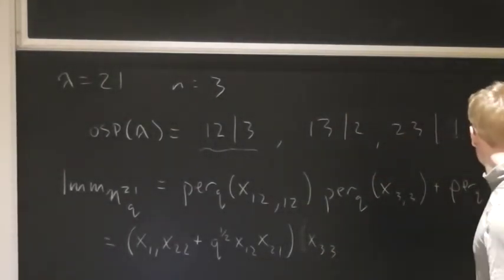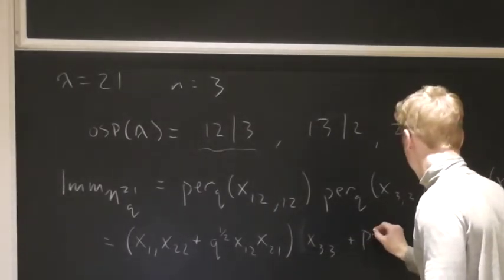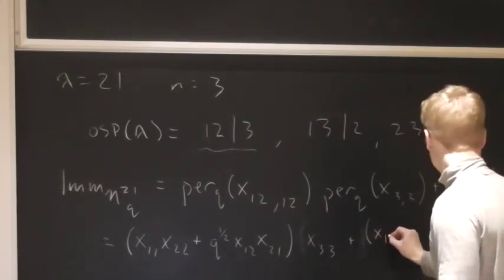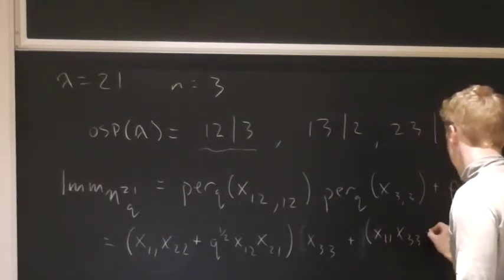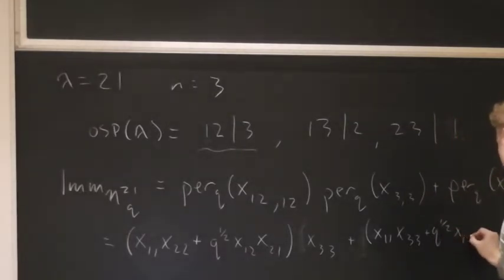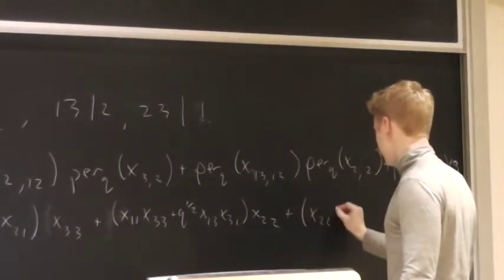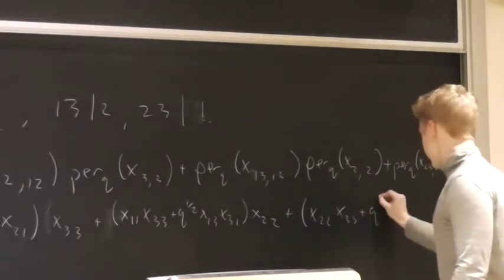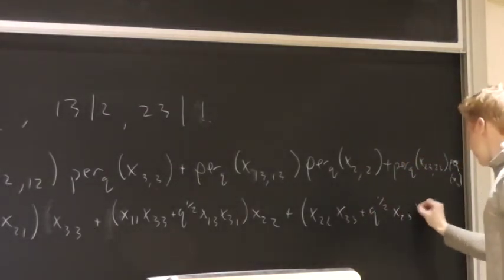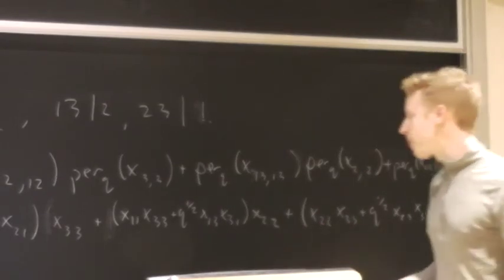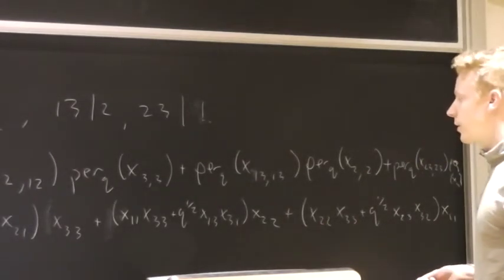Here, this permanent is just going to be x1,1 x3,3 plus q to the 1/2 x1,3 x3,1, and the last term will be x2,2 x3,3. And remember, this is non-commutative algebra, so it's important that these things be in the correct order.